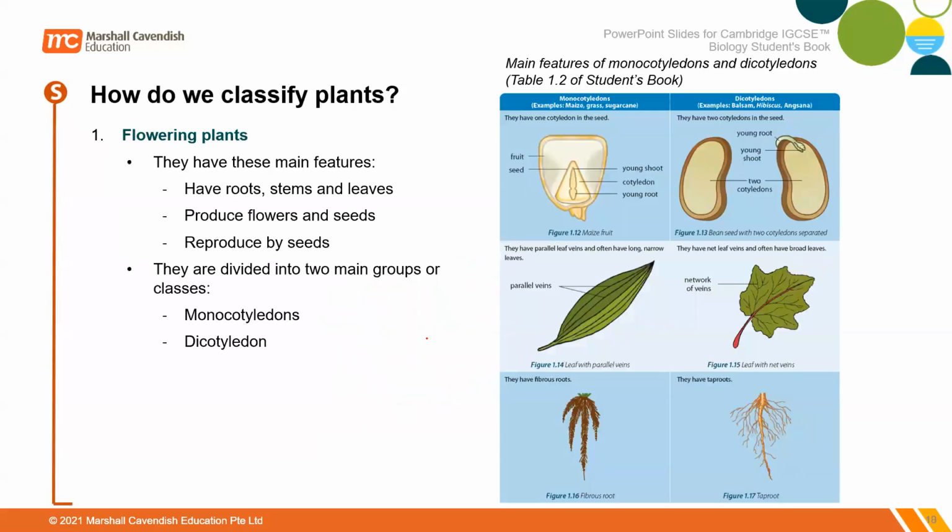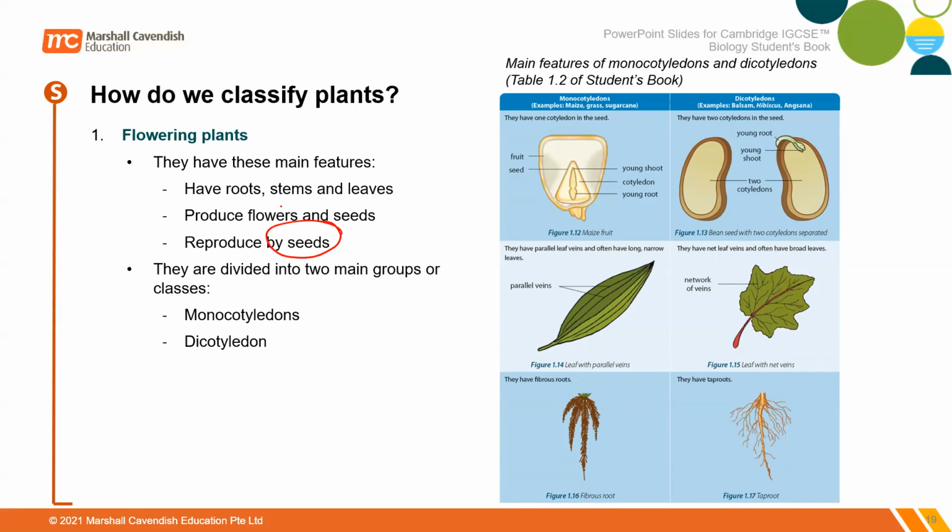For plants, how do we classify plants? We classify plants into ferns and flowering plants. Flowering plants, as the name suggests, are made up of root, stem, and leaves, and they produce flowers and seeds, and reproduction happens by different types of seeds. Flowering plants are classified into monocot and dicot plants.